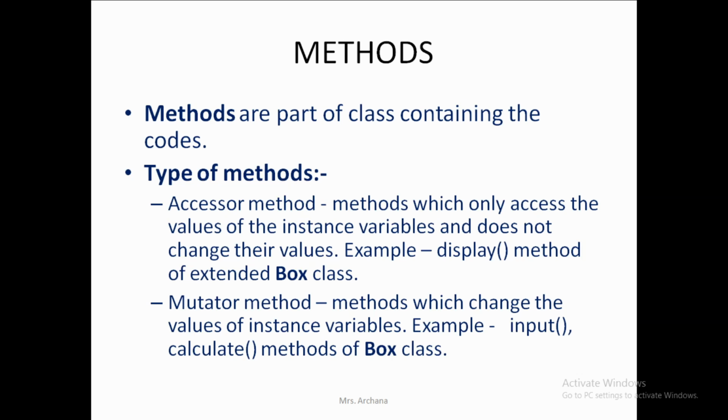An accessor method only accesses the value of the instance variable and does not change its value. A mutator method changes the value of instance variables. These examples we will see in later slides. These definitions of methods are made depending upon how they access the member variables.